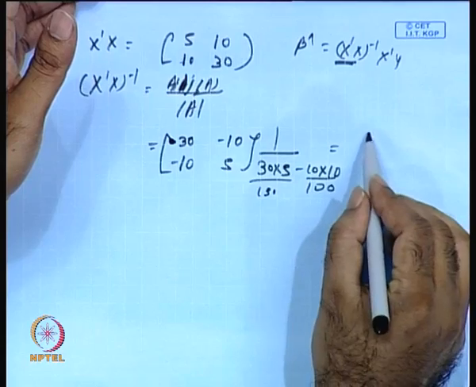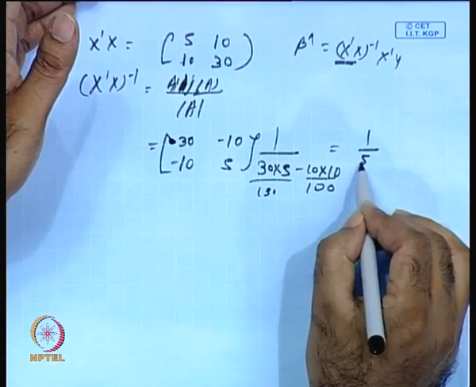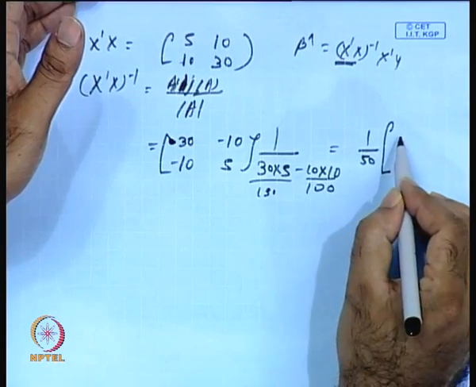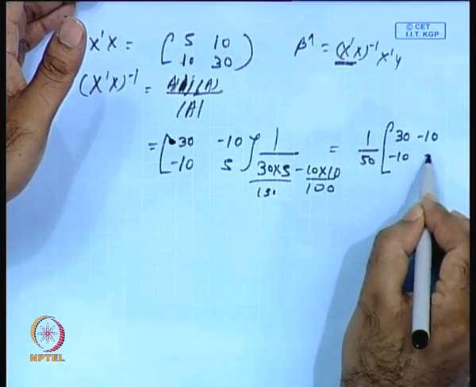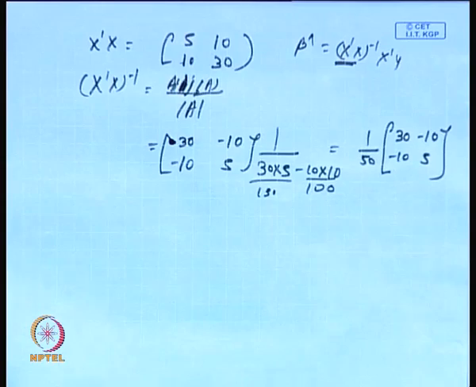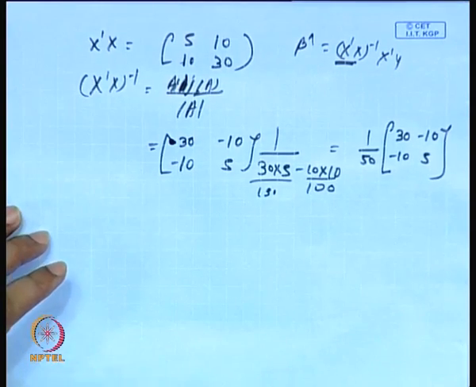So it is equal to 1 by 50 times [30, minus 10; minus 10, 5]. This is the inverse matrix.